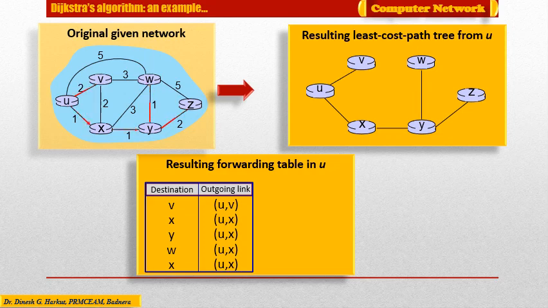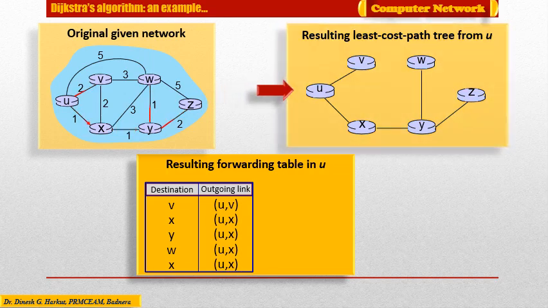For each predecessor, we also have its predecessor, and so on. In this manner, we can construct the entire path from the source to all the destinations. And this is the end result of the link state algorithm, wherein we have the least cost path tree from node U.